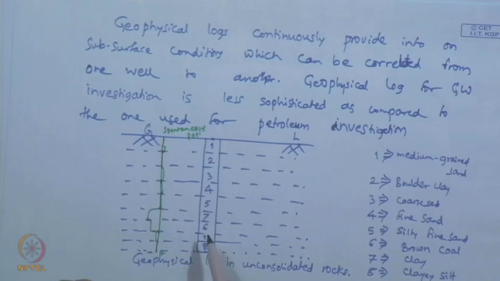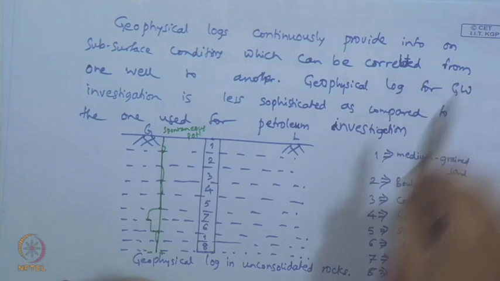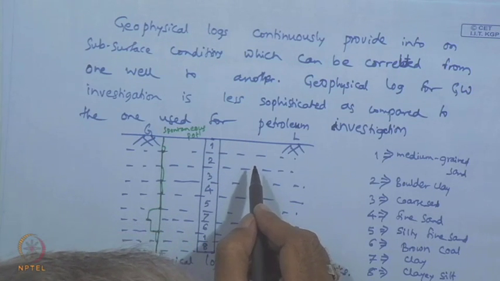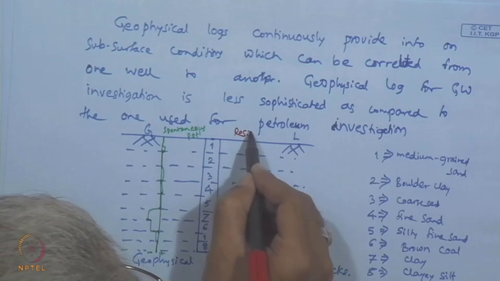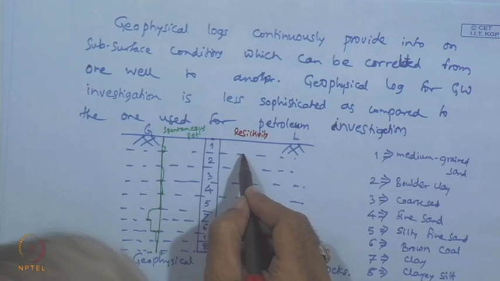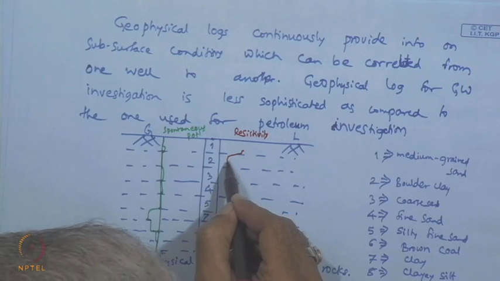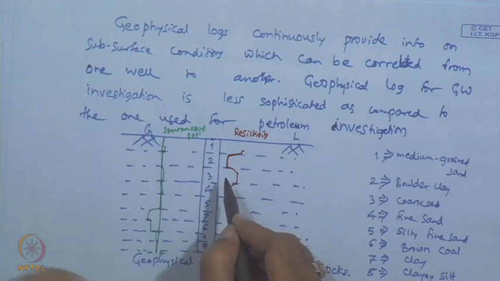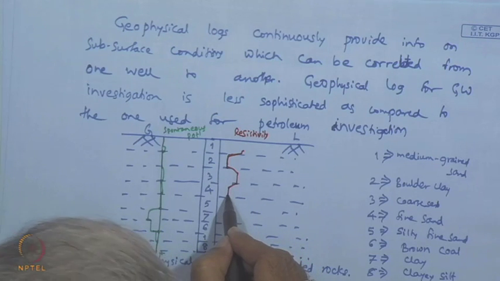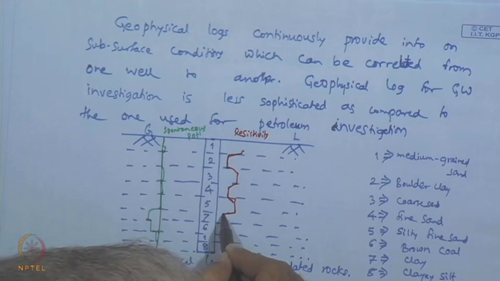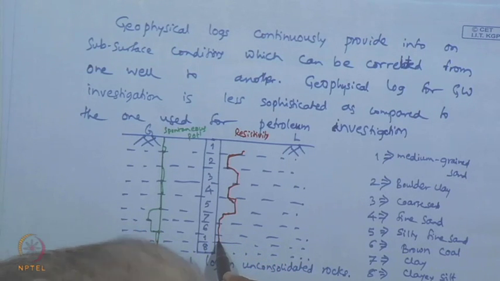Suppose this is the variation of the spontaneous potential, and then similarly let us take the electrical resistivity, which shows a variation like this.